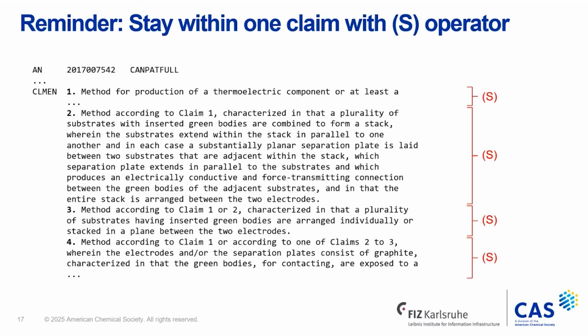But it's worth noting that the S operator in full text patent files limits those terms: if we search in the claims field and link terms with the S operator, it will search for those terms linked together within the same numbered claim.